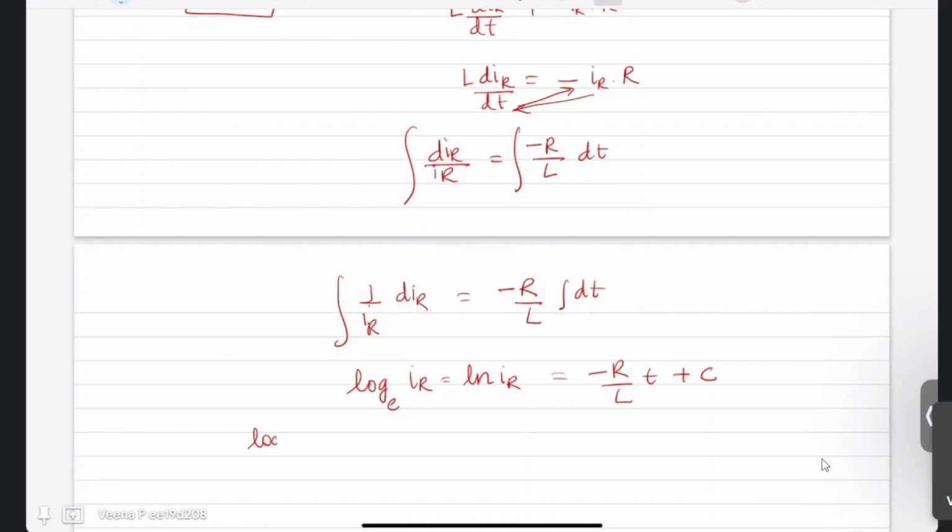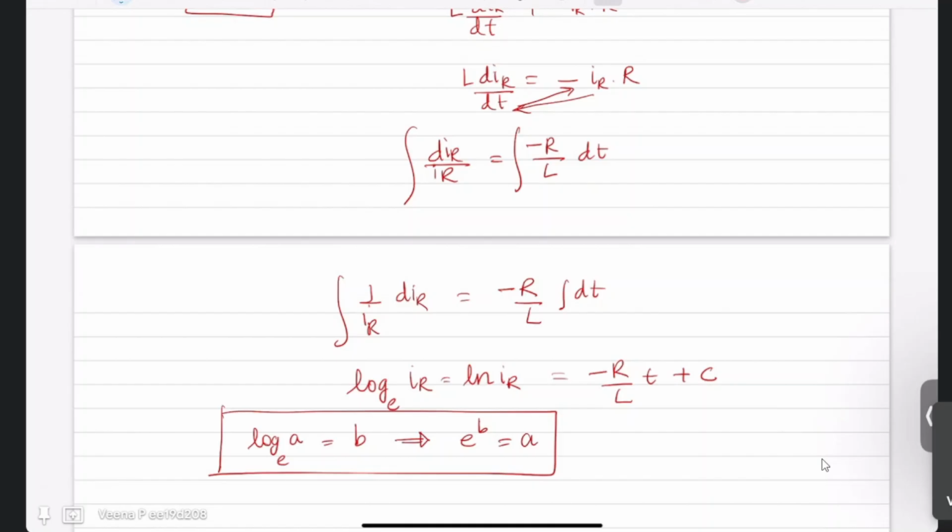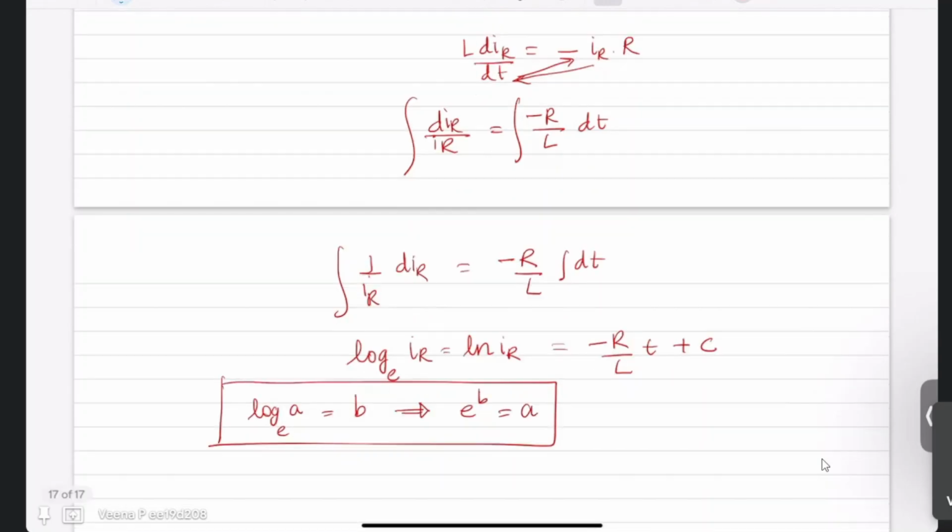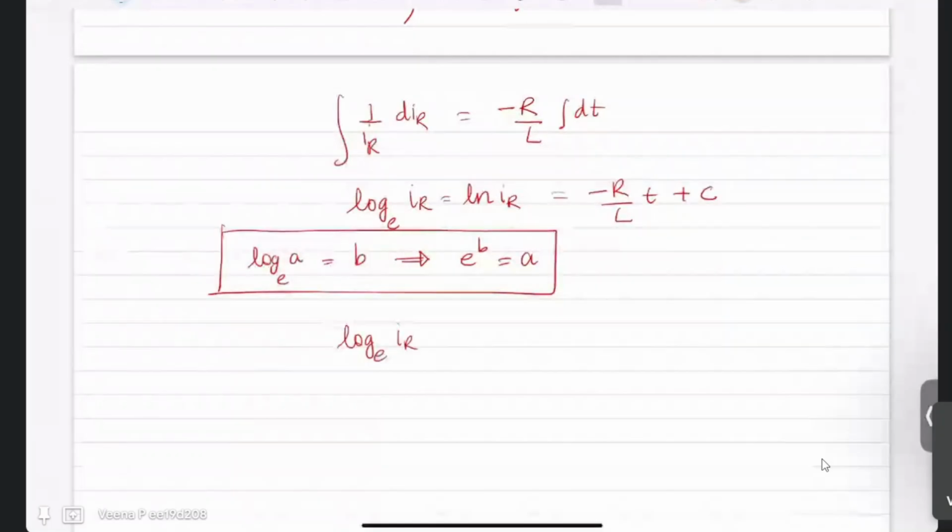Now logarithm of a to the base e, if it is b, means e raised to b is a. This is a mathematical relation. That means in our case, log IR to the base e is minus R by L t plus C. That means e raised to minus R by L t plus C is your IR.